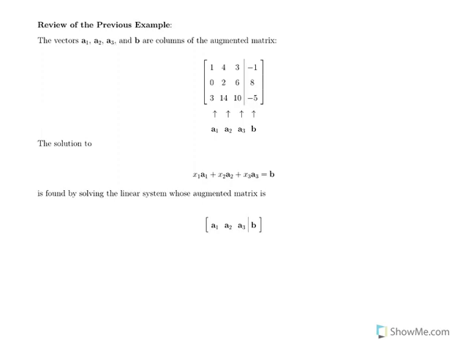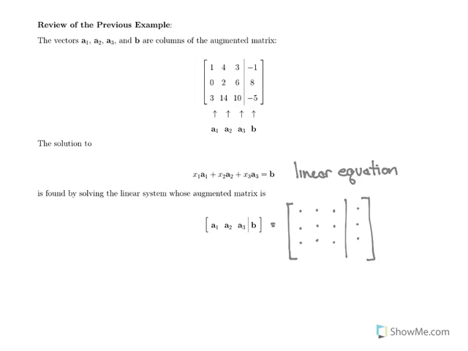So bringing it all together, the solution to this linear equation is found by solving the linear system whose augmented matrix is A1, A2, A3, B. We're going to put the vectors in the equation, but that's the exact same thing as just having this written in a nice easy way with vector notation.